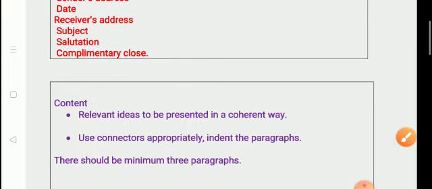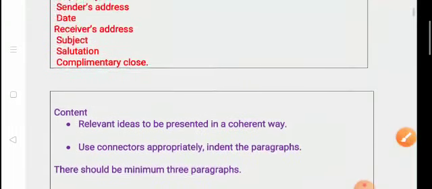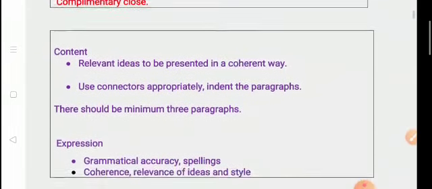I will explain all these things to you while going through the actual letter.